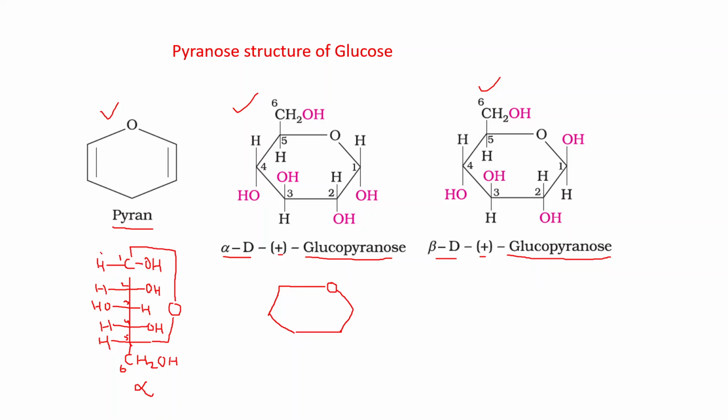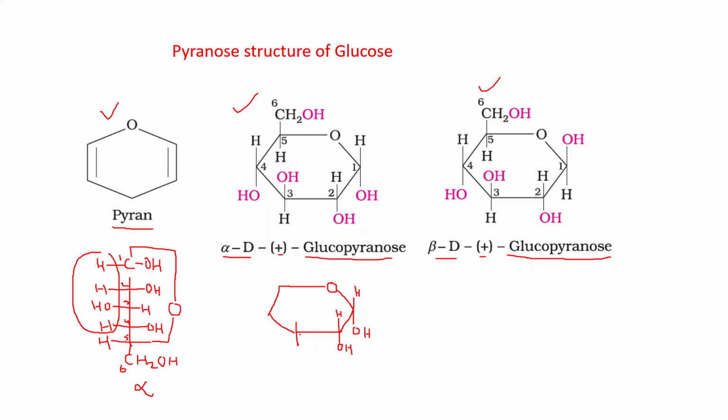Now the groups which are attached on the left hand side are drawn on top of the ring, like this H, and OH is like this. On the second carbon atom, this is H, which was on the left hand side, so it is above, and this is OH.